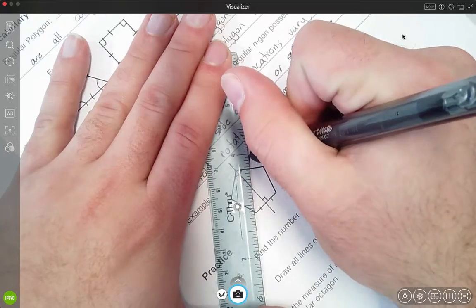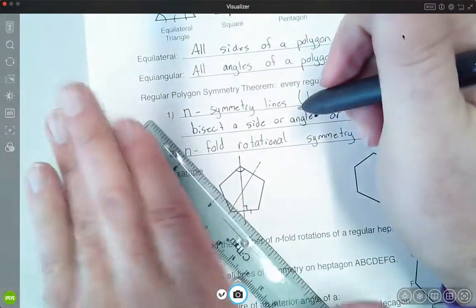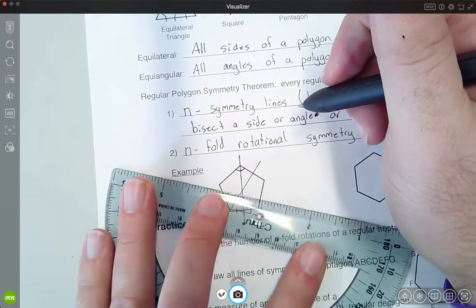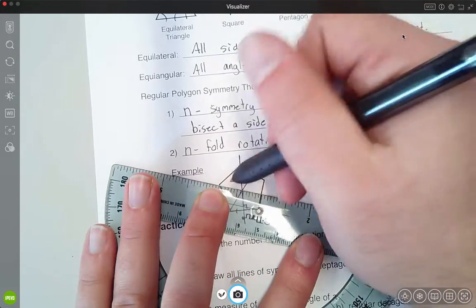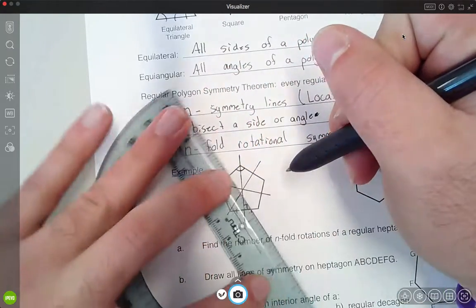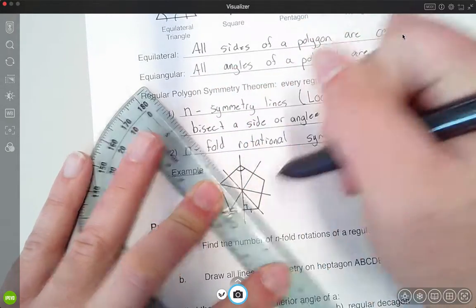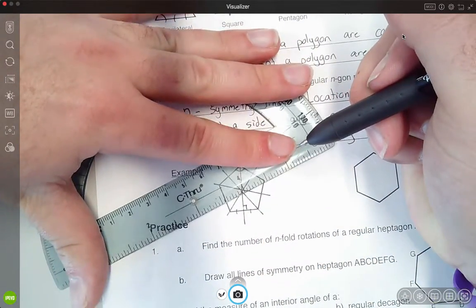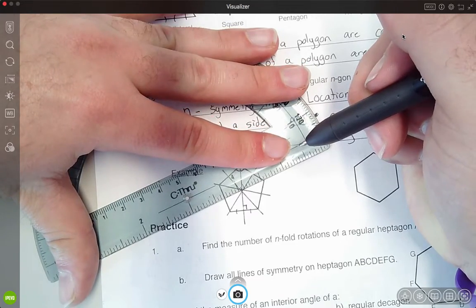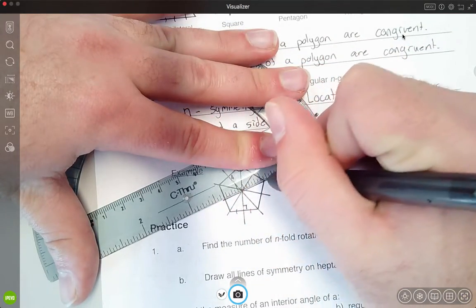Okay, now that's going to follow for every one of my sides. And I can draw in all of these lines of symmetry. Every single one in this pentagon is going to have an angle bisector and a perpendicular bisector to the side. Okay? I'm going to make a quick note.